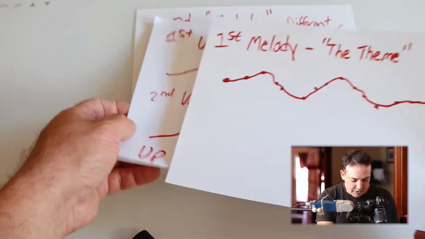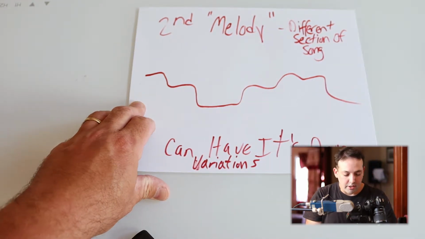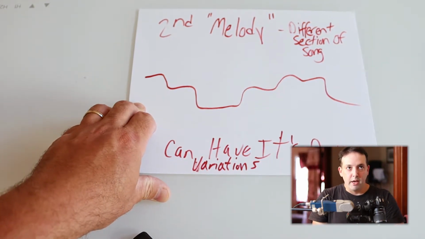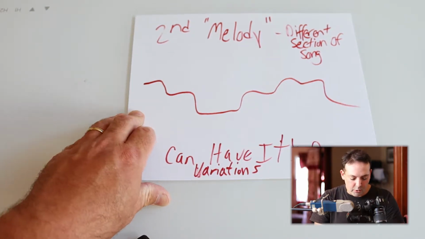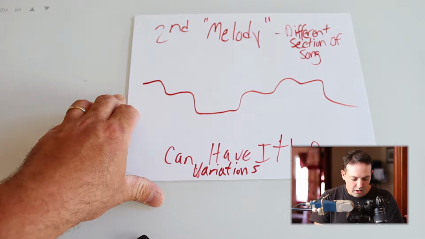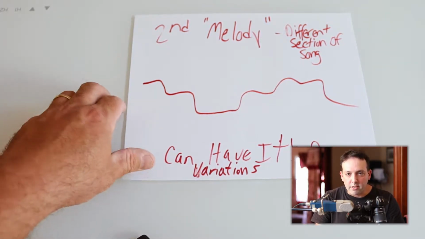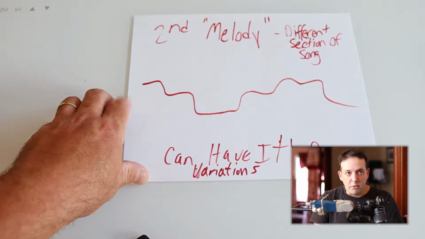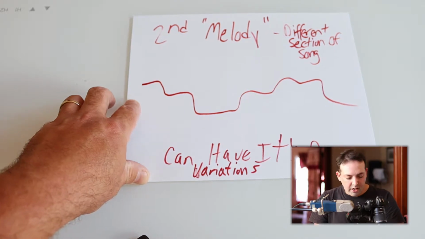Now today I want to introduce a concept, and I don't know what you call this in music, because I can't say that I really encountered it in my studies in college. I only took one class in college for music theory, and it was mostly scales and like circle of fifths and stuff like that.